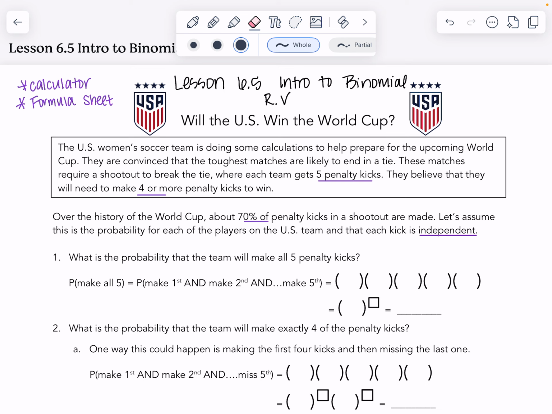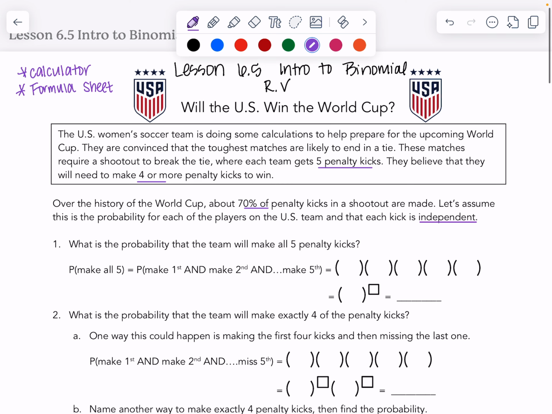What is the probability that the team will make all 5 penalty kicks? So making the first, the second, the third, the fourth and the fifth. That probability is given to us right here, 70%, which as a decimal is 0.7. Since each trial is independent and each player has the same probability, we are multiplying 0.7 5 times, or we could shorten this to 0.7 to the 5th.